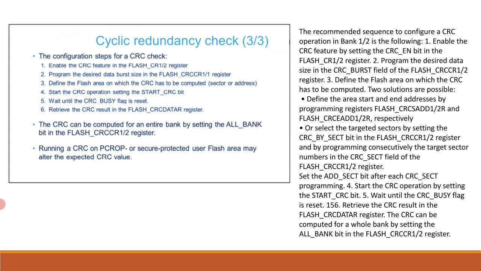Or select the targeted sectors by setting the CRC_BY_SECT bit in the FLASH_CRCCR1 or 2 register and by programming consecutively the target sector number in the CRC_sect field of the FLASH_CRCCR1 or 2 register. Set the add_sect bit after each CRC_sect programming.